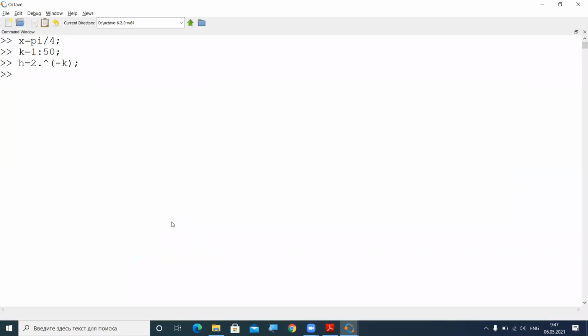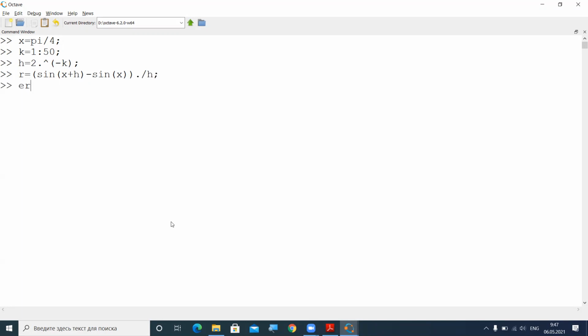Okay, and now just write the r. R is sine of x plus h minus sine x, and here over h.